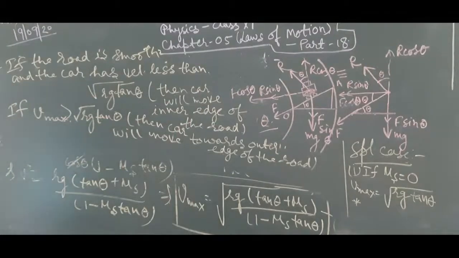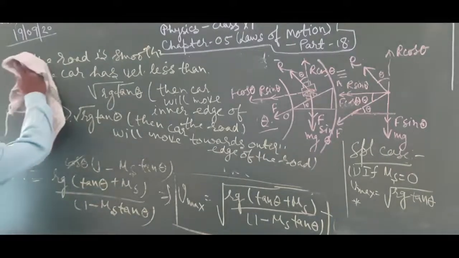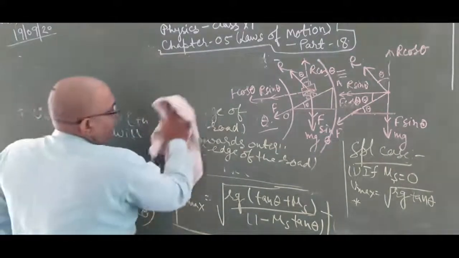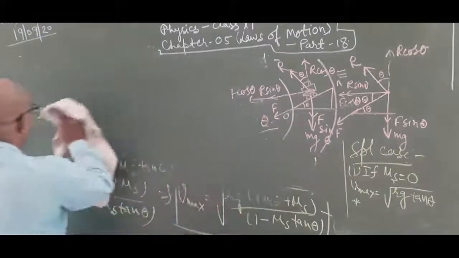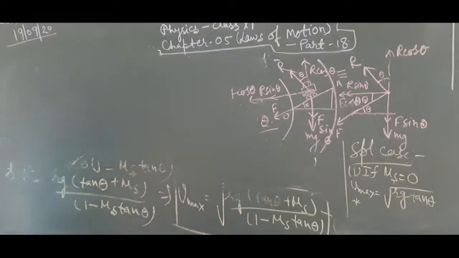Now we will study one topic: angle of banking. What is the minimum angle of banking for the car to make a safe turn on the road? That is the value of theta for the smooth road.